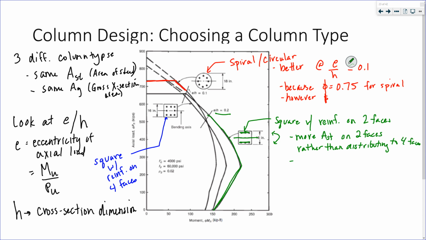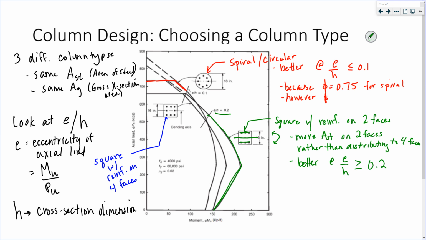Because of that, a square with reinforcement only on two faces is better for eccentricity over height greater than or equal to 0.2.